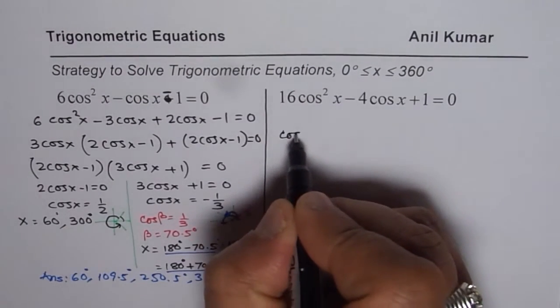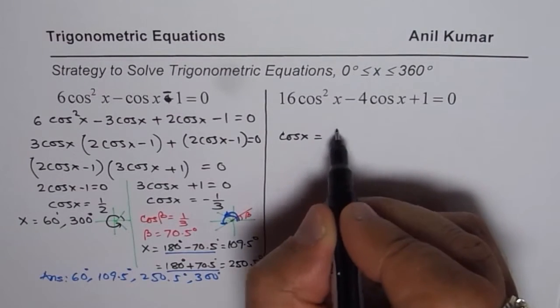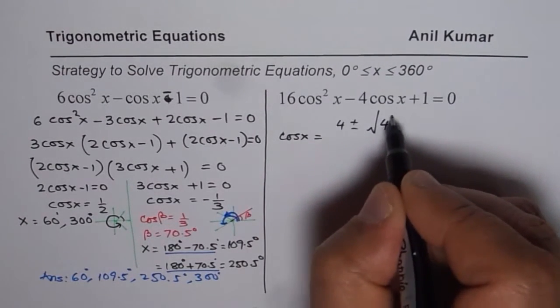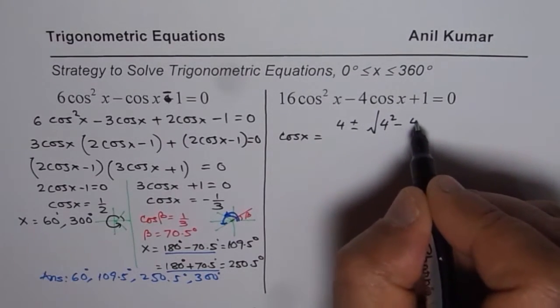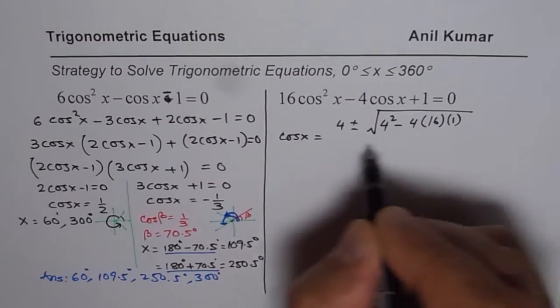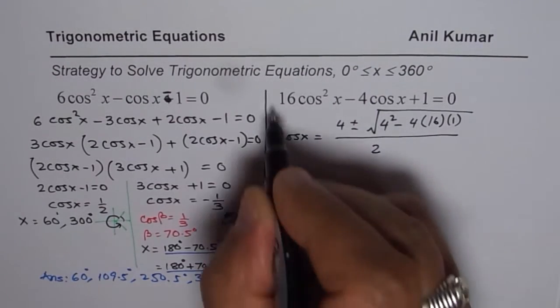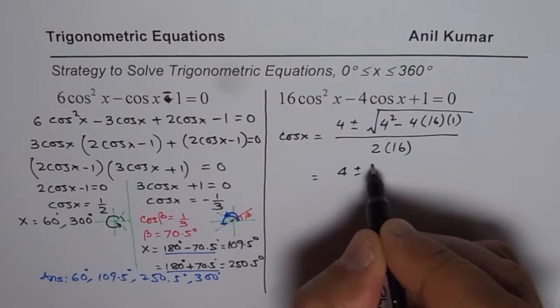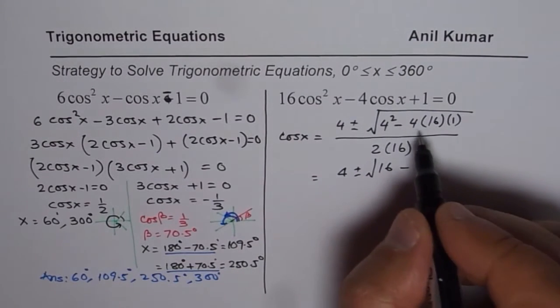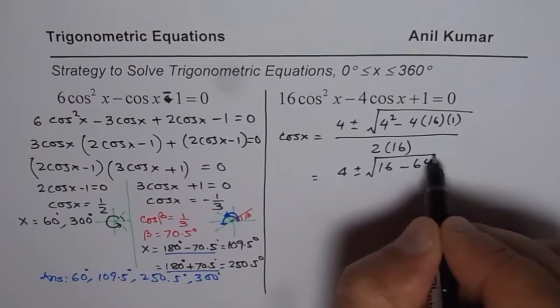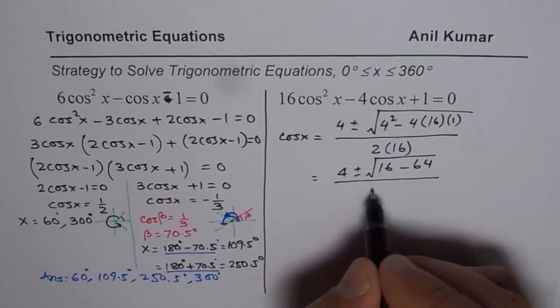So we say cos x will be equals to minus b, which is 4, plus minus square root of b square, which is 4 square, minus 4 times a, which is 16 times 1, divided by 2 times a, which is 16. Now this is 4 plus minus square root of 16 minus, now this number is 64, right? 16 times 4 over 32.